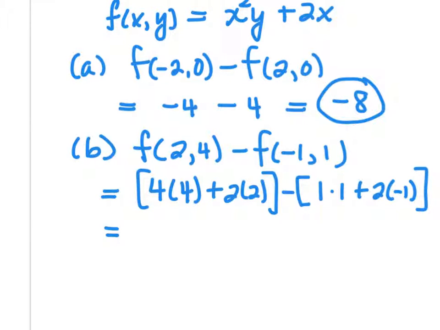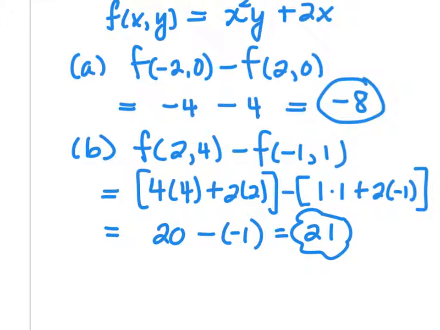So what is that? That's 20 minus 1 plus negative 2 is negative 1. So the value of the integral over that curve is 21.